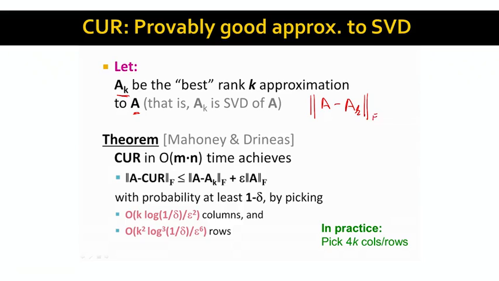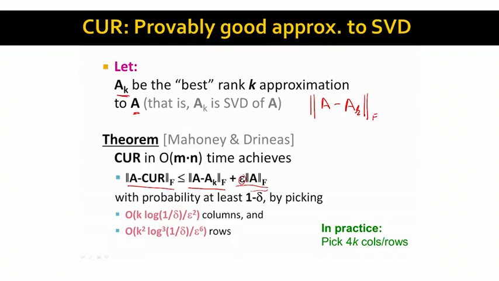So now, what Mahoney and Drineas proved is the theorem that connects the quality of the CUR approximation to that of SVD approximation. And what the theorem says is that the reconstruction error of CUR is less than the reconstruction error of SVD plus some epsilon times the Frobenius norm of A. So basically, Frobenius norm of A tells us what is the magnitude of the values in matrix A. And what the whole theorem says is that the CUR reconstruction won't be too far away from the SVD reconstruction.